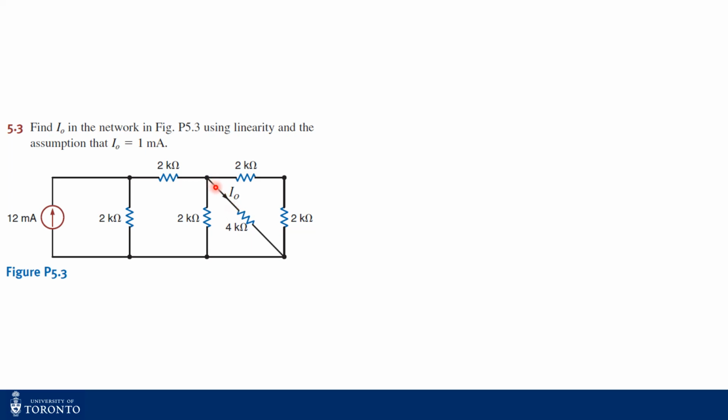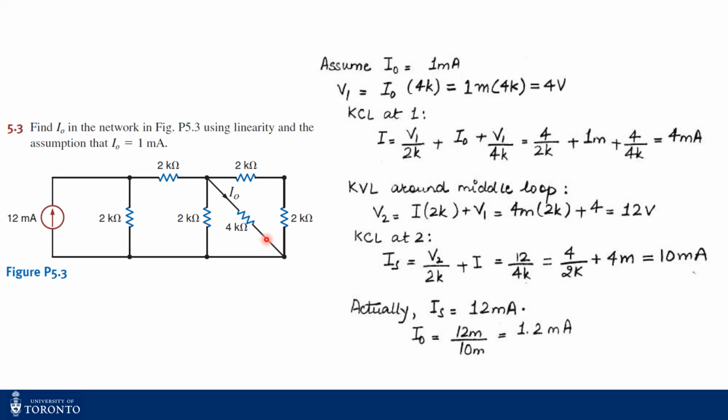So you assume that 1 milliampere flows in this branch, and then you track back to find out what should be the value of the current source for which you will have 1 milliampere flowing through this branch. Now once you find that, you take the ratio of the current sources to find out the actual current flowing in this branch. All right, so let's see it in an example.